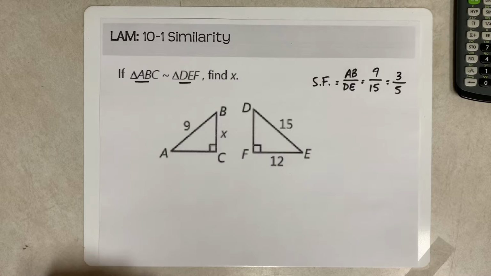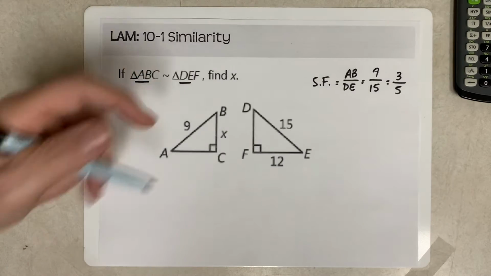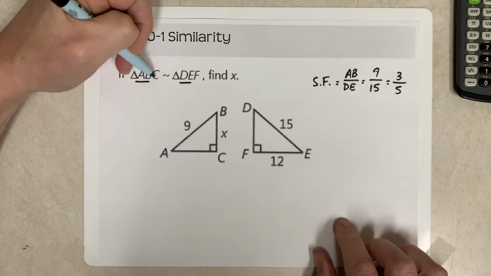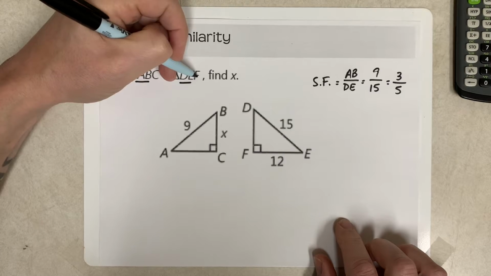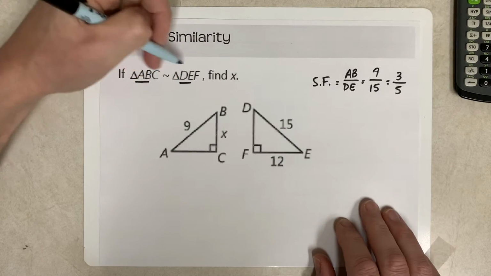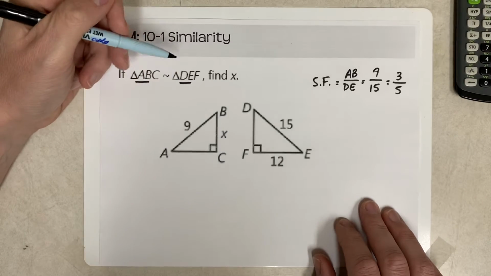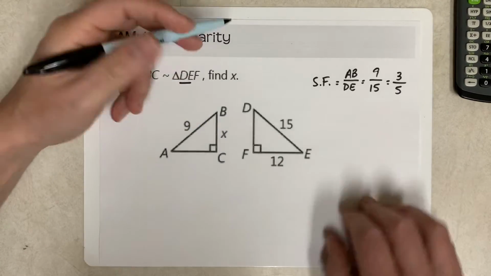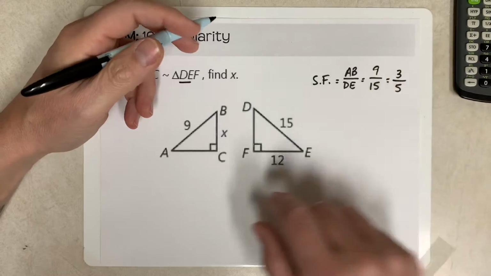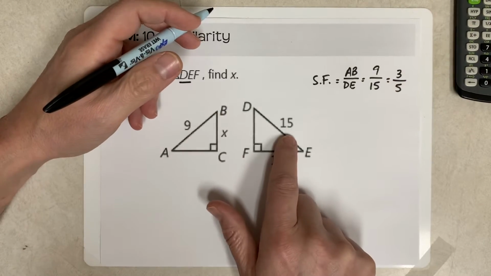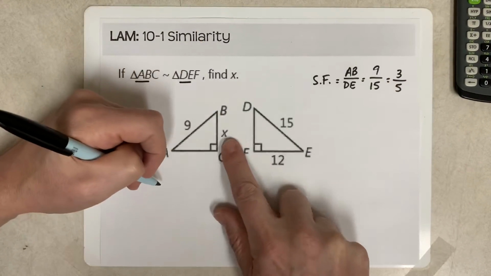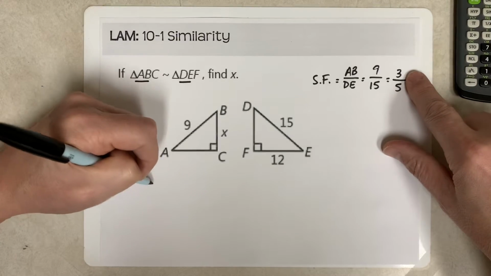So apparently, to find the other values, we're going to have to multiply by 3/5. So BC matches up to EF. So BC and EF match up, right? So if I multiply x times not 3/5, but the reciprocal, because I want to go from smaller to bigger, I'm going to have to multiply x times 5/3.